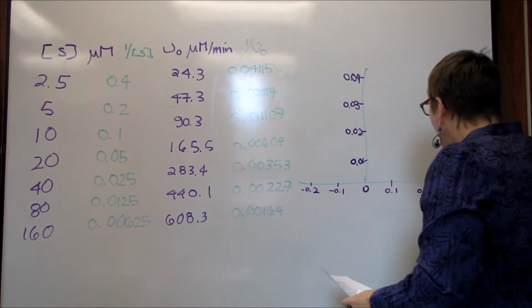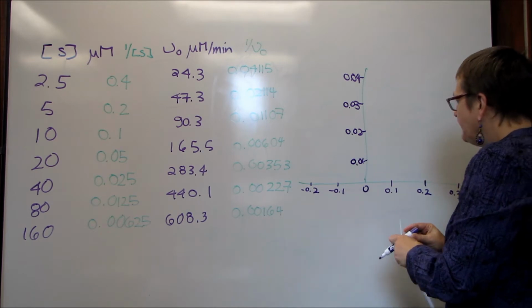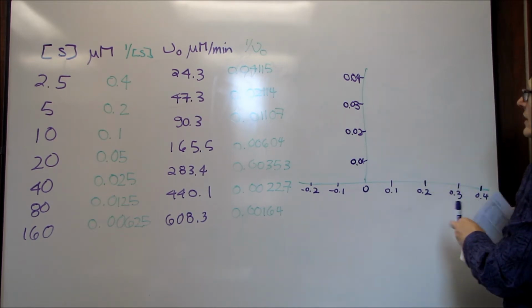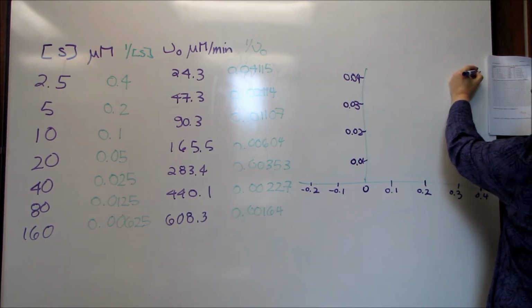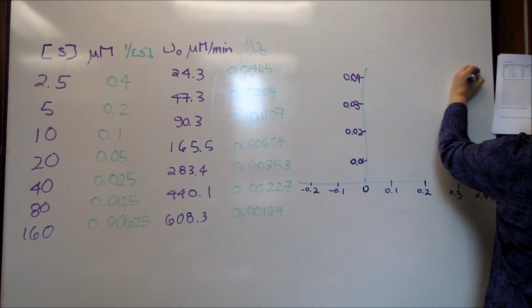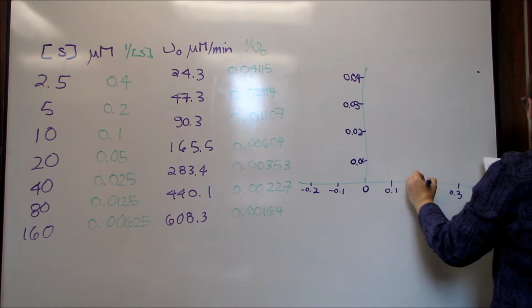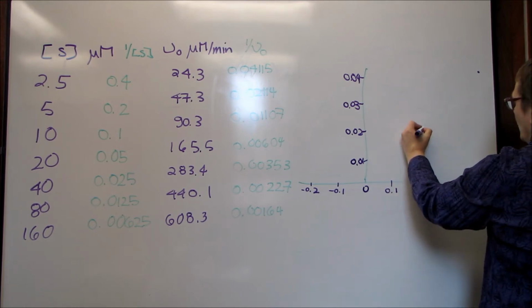So the idea is to plot the data as best you can. So I've got the value of 0.4 over here and just over 0.04 up here. And then I've got 0.2 lining up with 0.021 somewhere in here.